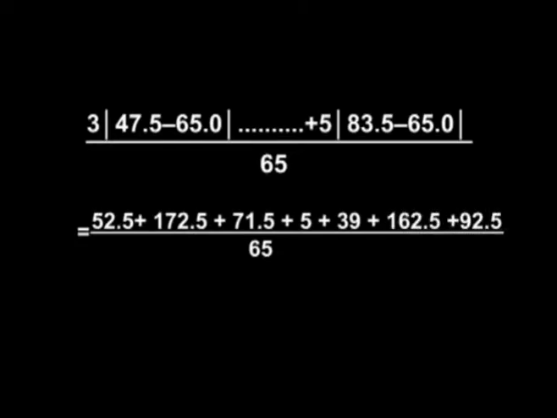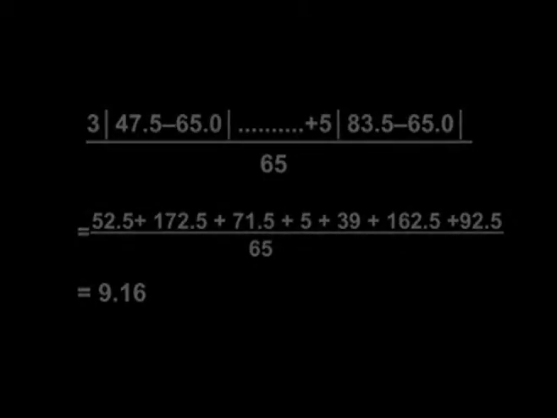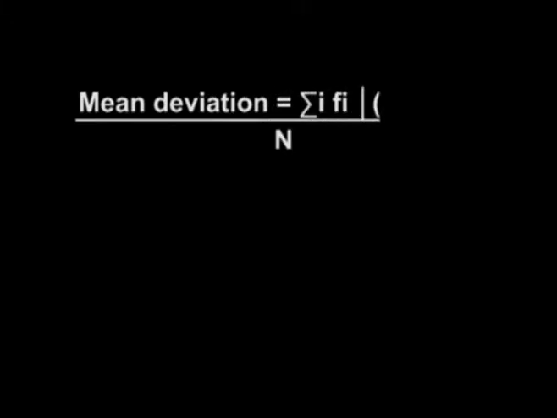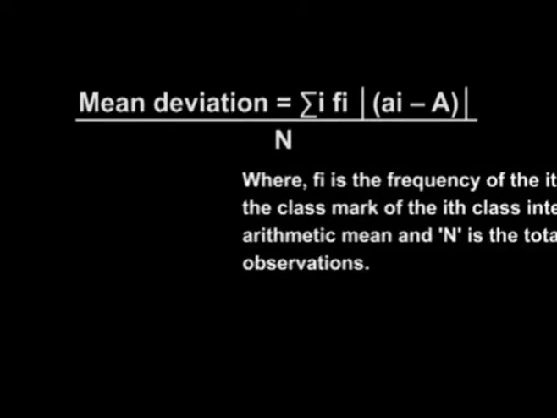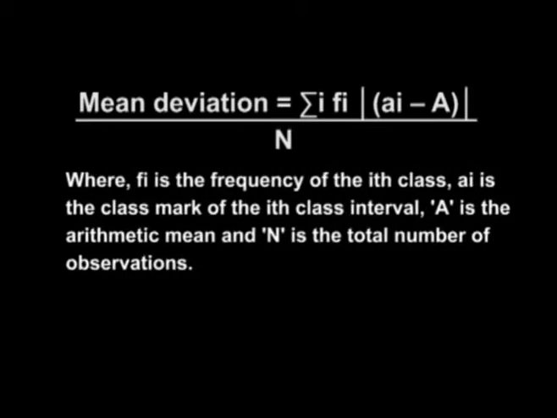So in this way, the mean deviation has been calculated, and it comes to 9.16. The formula for this mean deviation can be condensed as summation over i of Fi times absolute value of (Ai minus A), the whole divided by N, where Fi is the frequency of the ith class, Ai is the class mark of the ith class interval, A is the arithmetic mean, and N is the total number of observations.